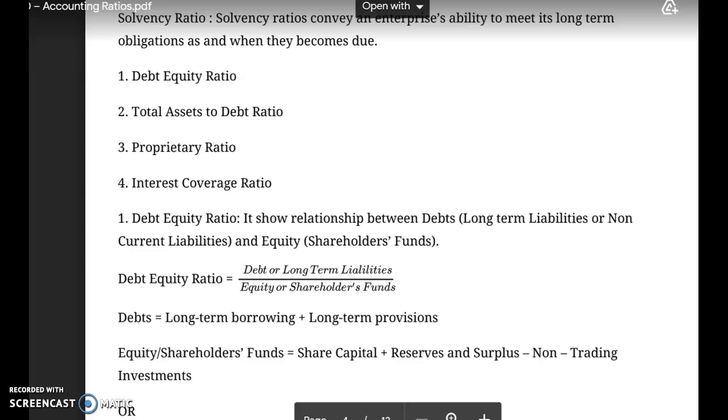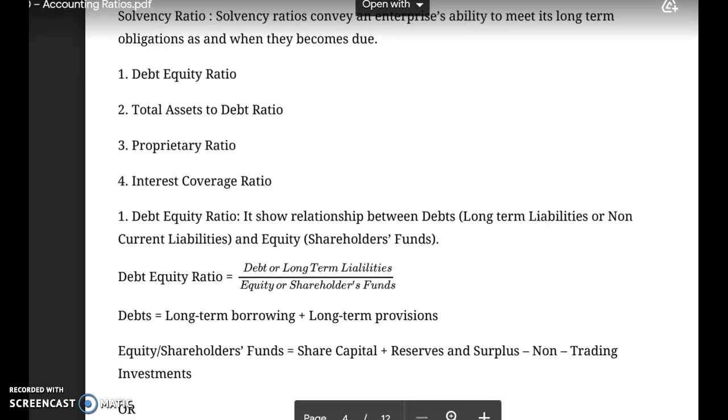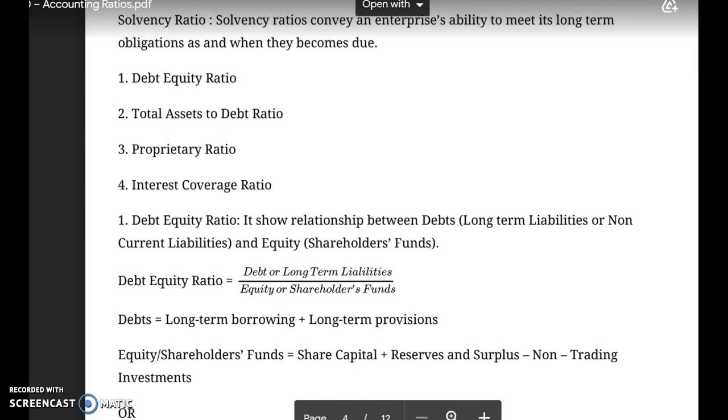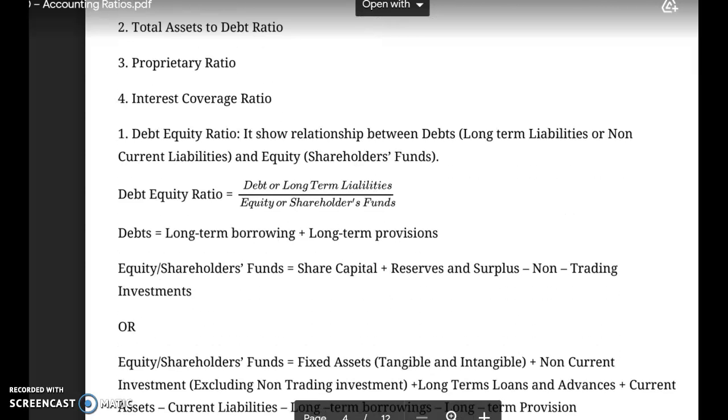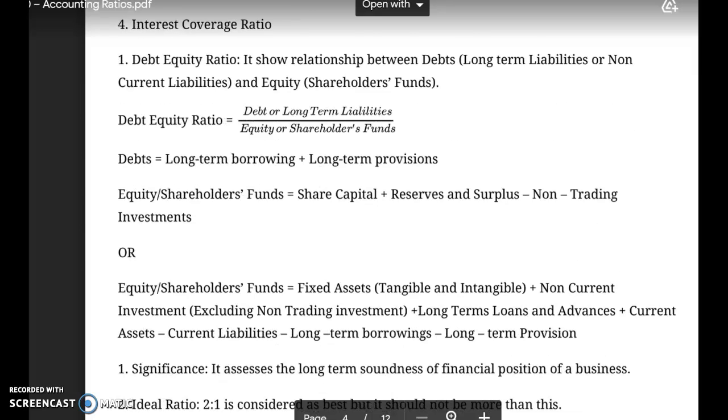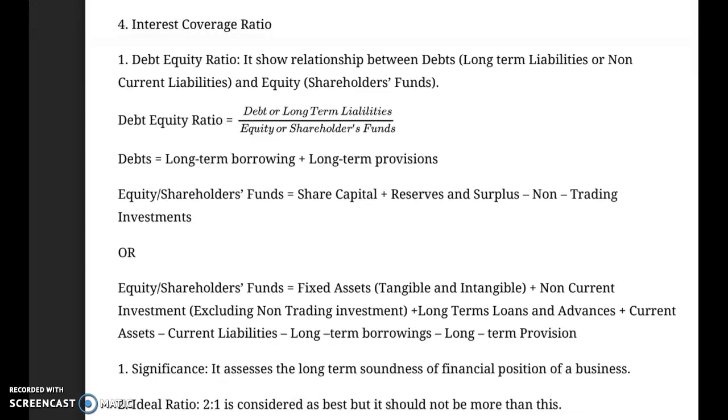Here, while calculating this ratio, debt includes long-term borrowings and long-term provisions. Long-term liabilities are all the liabilities which are payable beyond a period of 2, 3, 5 years or 10 years. So this includes debts, that is long-term borrowings plus long-term provisions.